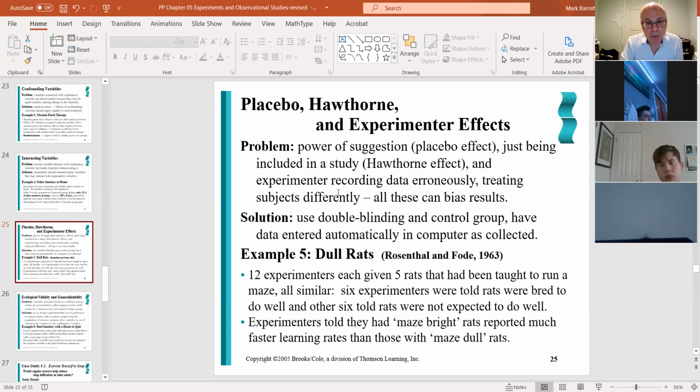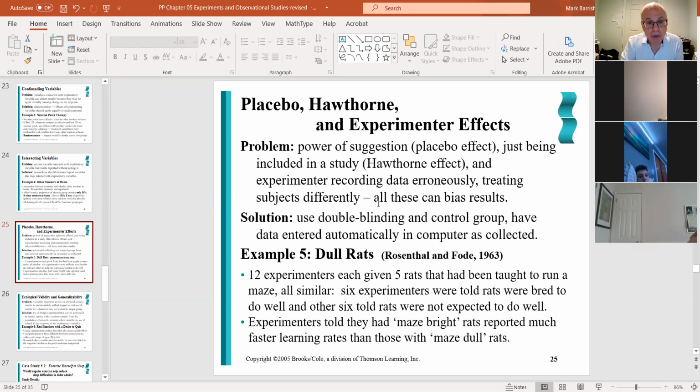And there are other cases where it could affect the results, such as the experimenter making errors in recording the results, or treating subjects differently based on maybe how they look. All these things could have an effect on the results, all right? So there are other possible reasons why we could be seeing these results.